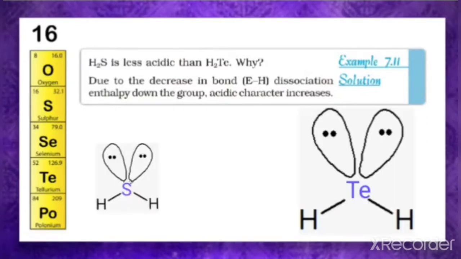So when we make the structure for H2S and H2Te, it will be in this way. Here the bond length is greater, so it is easy to break. So we can say that it gives this H easily. Due to the decrease in bond dissociation enthalpy down the group, acidic character increases. That is the answer for this.